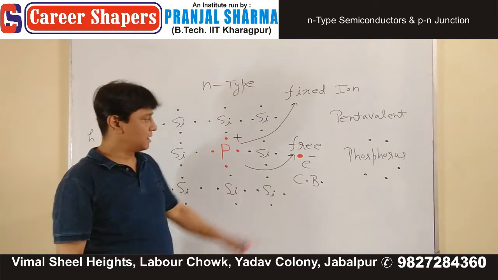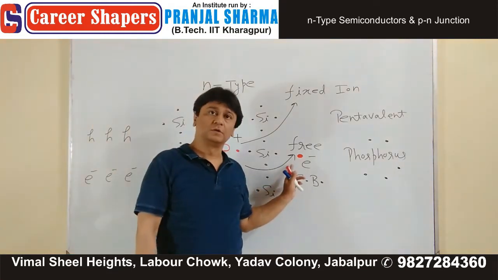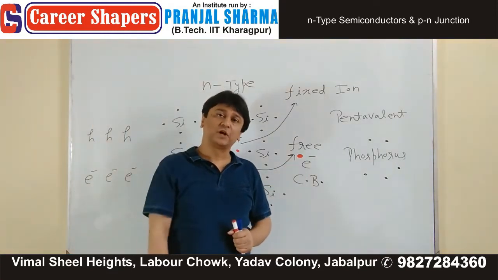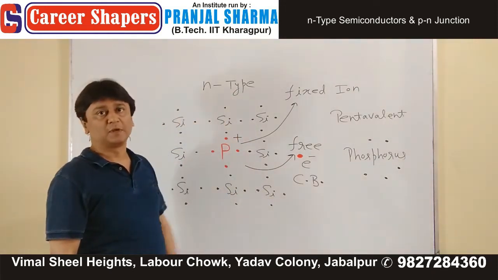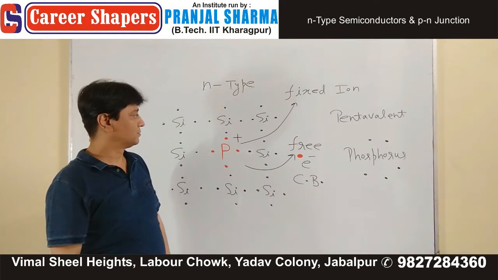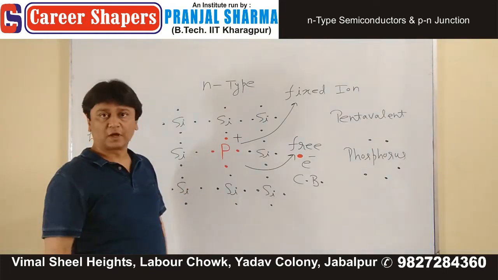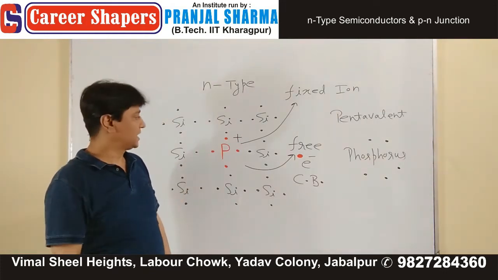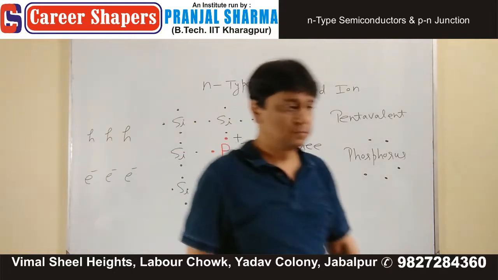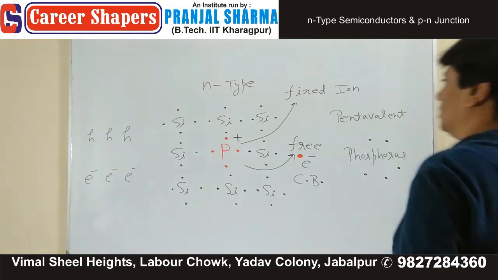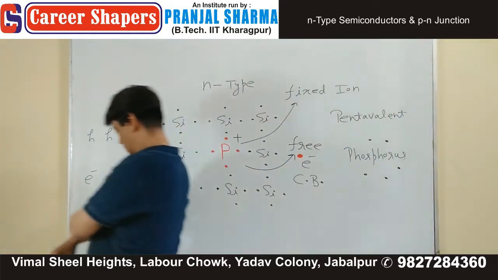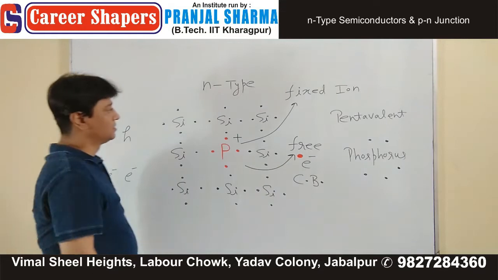You have an excess of electrons, excess of negative charge carriers, thus giving us N-type semiconductor. Draw this figure and then we'll write a few statements. Write down the statement.